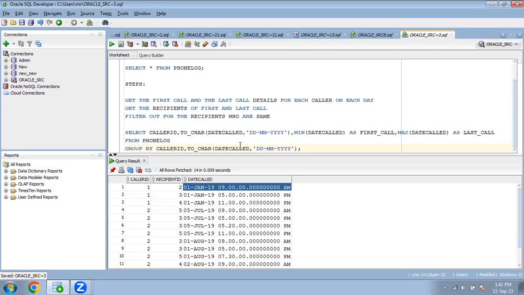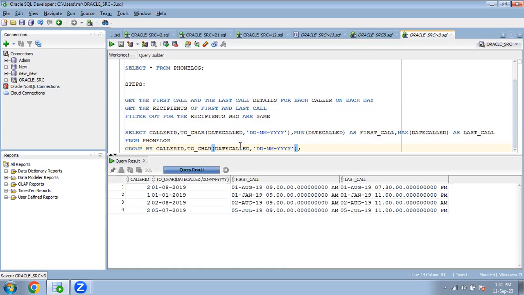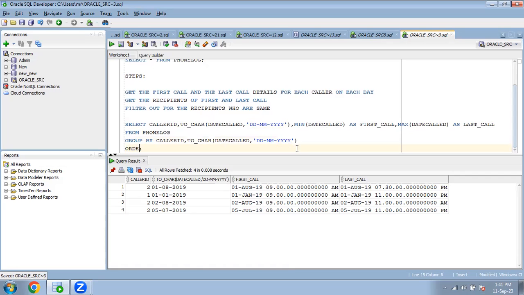What I'll get from here is something like this. I'll order by caller ID, which will be better. For each caller, for each day, I am getting the first call and the last call details.